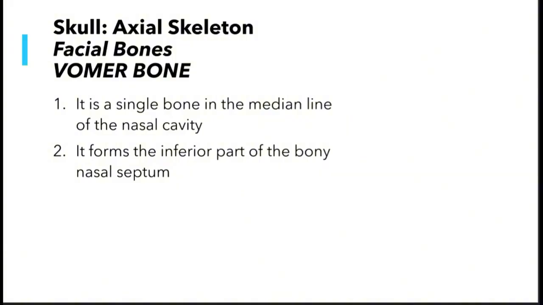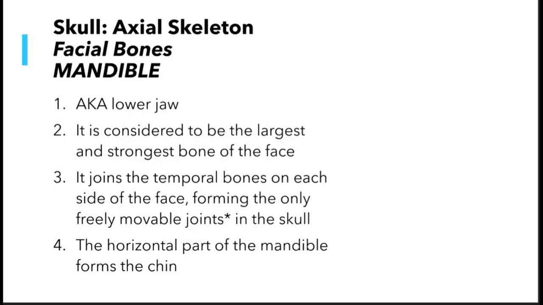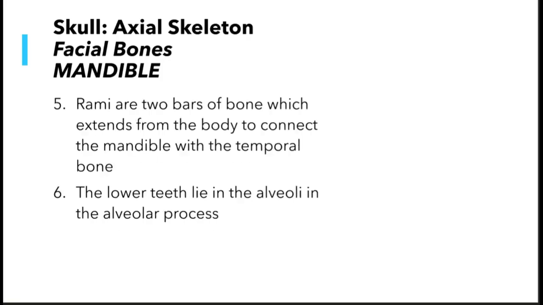Okay. In your vomer, you have the nasal septum. Septum is the one which separates the two nostrils. In your facial bones, you also have your inferior nasal concha. You have your mandible, hyoid bone.